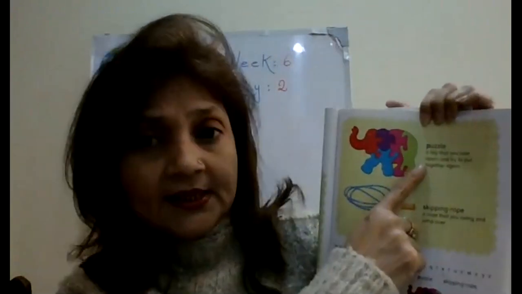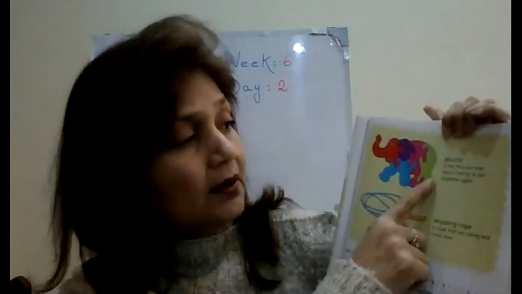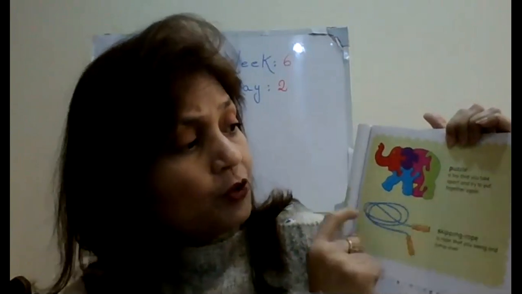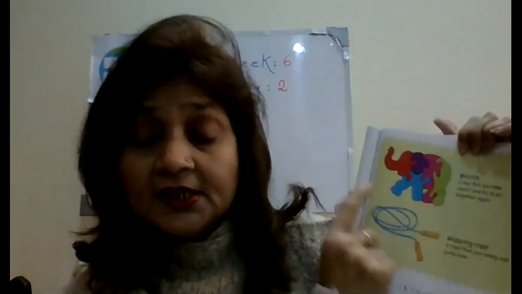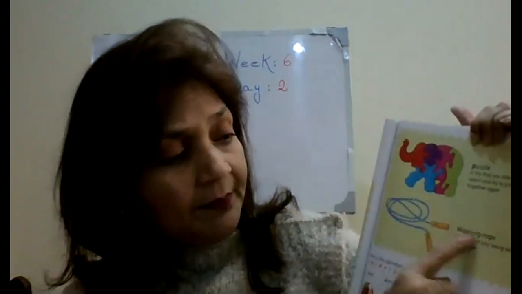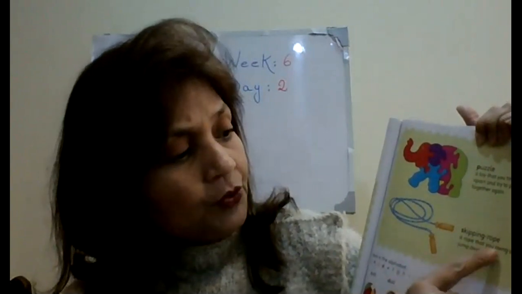In the same way, there is another word which starts with a P. That is a puzzle. And what's a puzzle? A toy that you take apart and try to put together again. This is the meaning of a puzzle. Now, skipping rope starts with S, a rope that you swing and jump over.